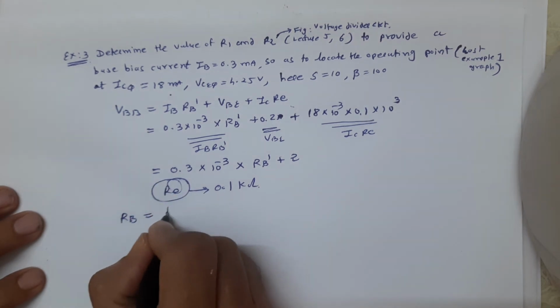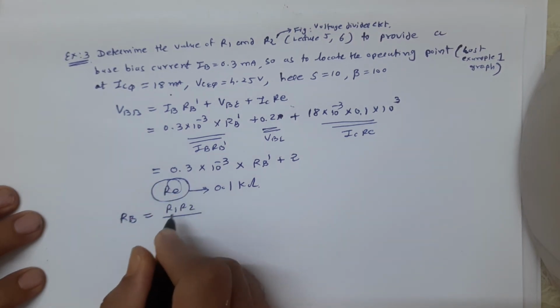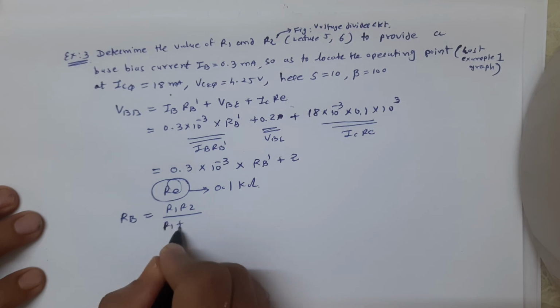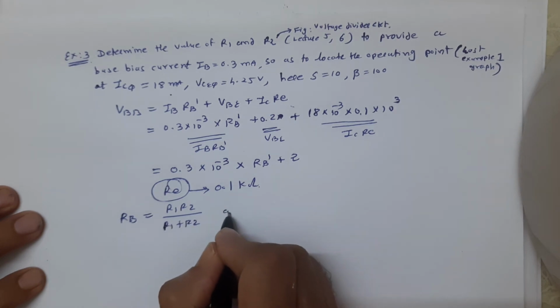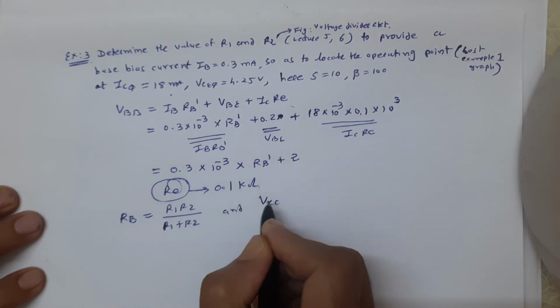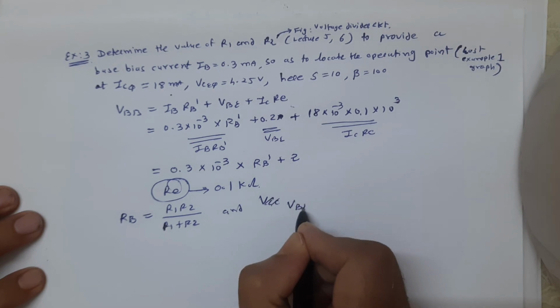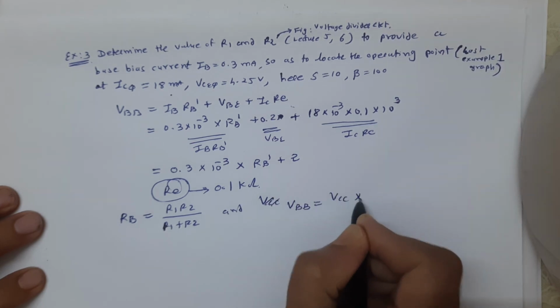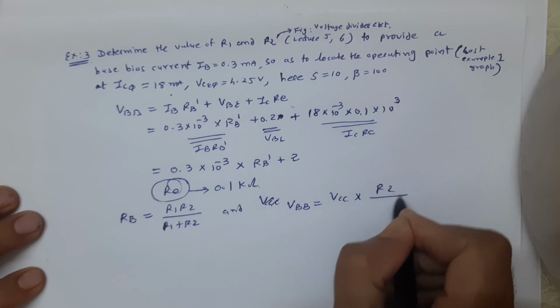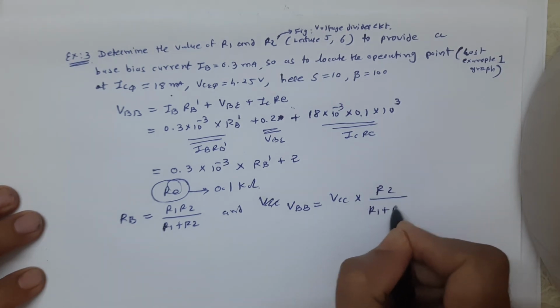R1 R2 upon R1 plus R2, and VBB is equal to VCC into R2 upon R1 plus R2.